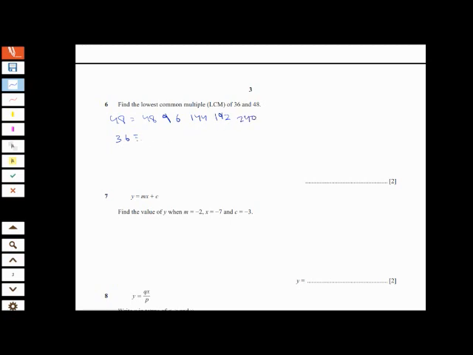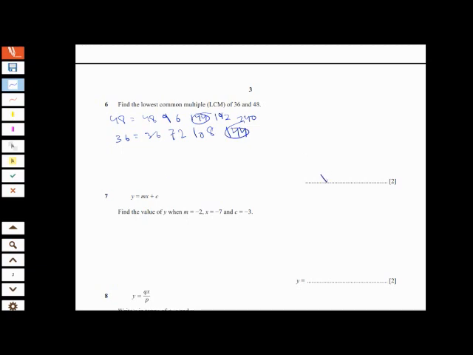The same goes with 36: 72, 108, 144. So you can just stop here because you already found the lowest common multiple, which is 144.